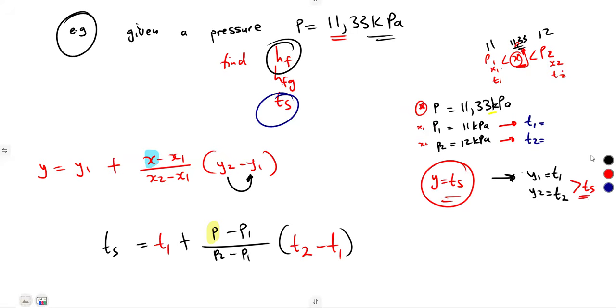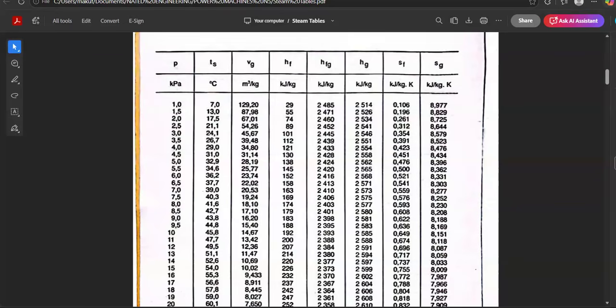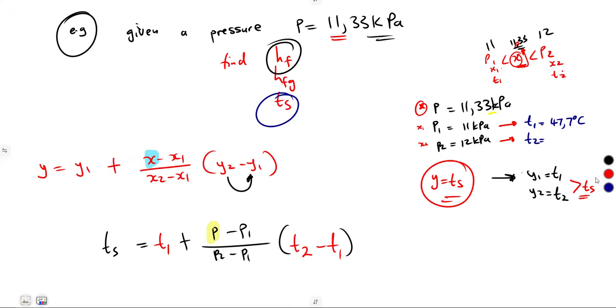So that was 47.7 degrees Celsius. And T2 at 12 kilopascal, what is the corresponding temperature? It is 49.5. So we're going to take that one, 49.5 degrees Celsius.